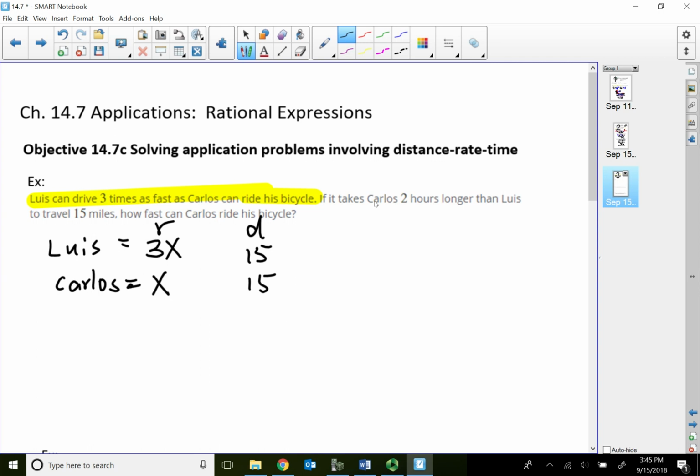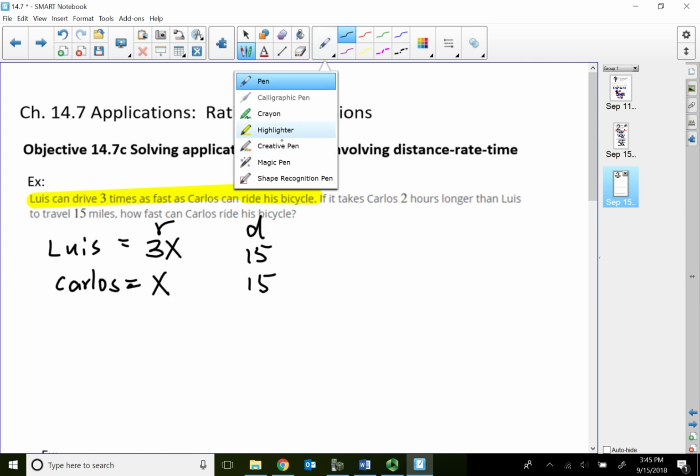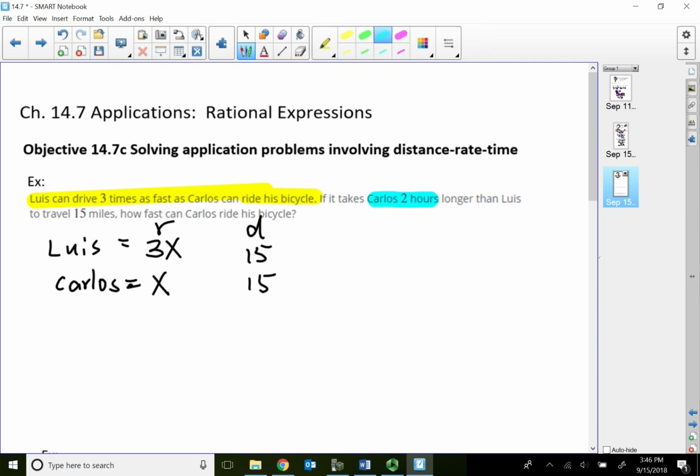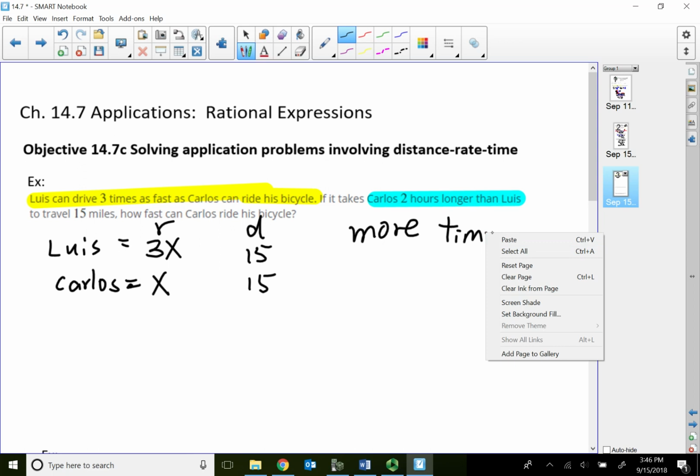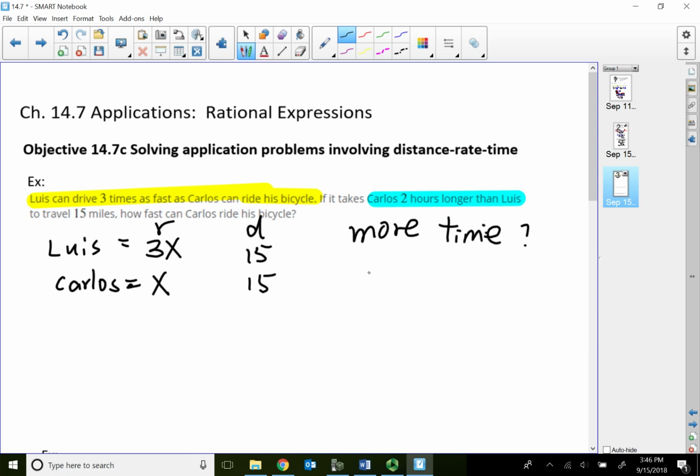So if it takes Carlos 2 hours longer than Luis, this phrase right here is what we need to write out the equation. Who takes more time to go that same 15 miles? Carlos. Carlos' time is greater than Luis' time because Luis is going faster, so his time is less.